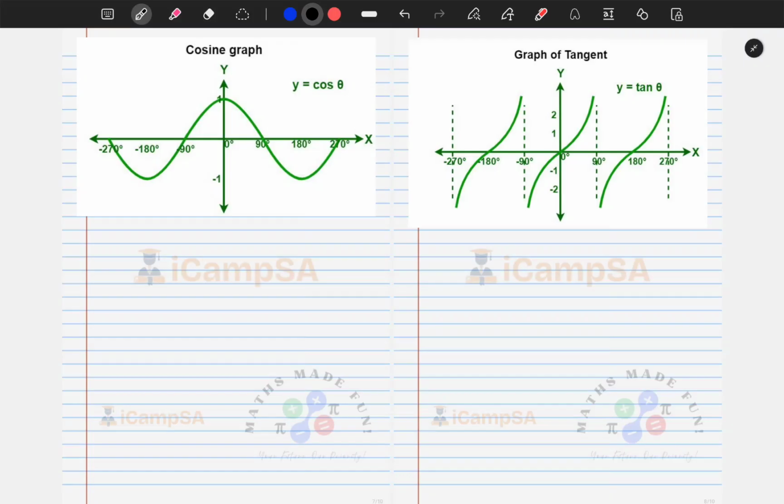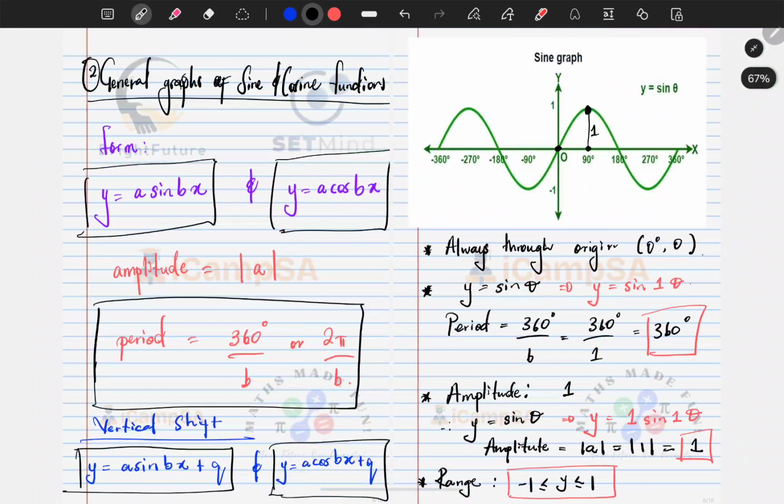So now we have a cosine graph. You can see that the sine graph passes through the origin, but the cosine graph does not pass through the origin.